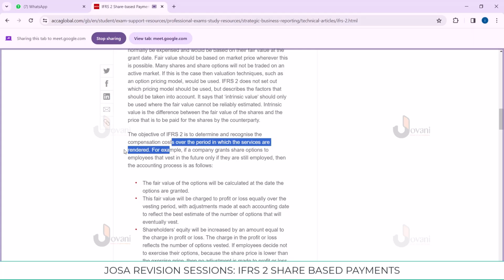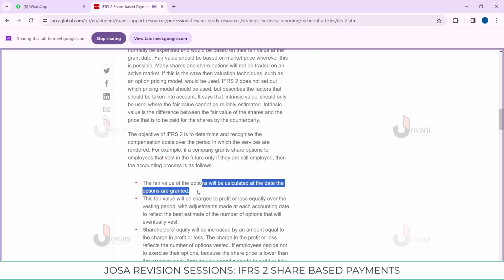If we are going to give you 100 shares in the company and you are an employee, you have rendered us services and we shall pay you. The fair value of that transaction is calculated at the fair value of the options at the grant date. And the grant date is when you have entered into a contract that you will have shares in our company if you spend this much time with us. Is that clear?